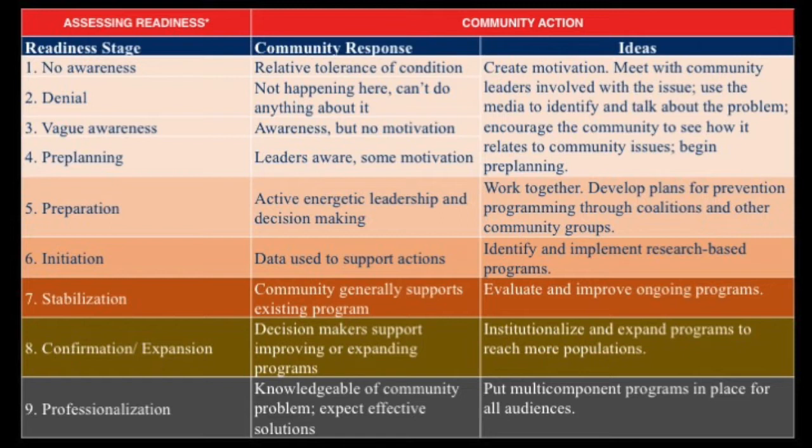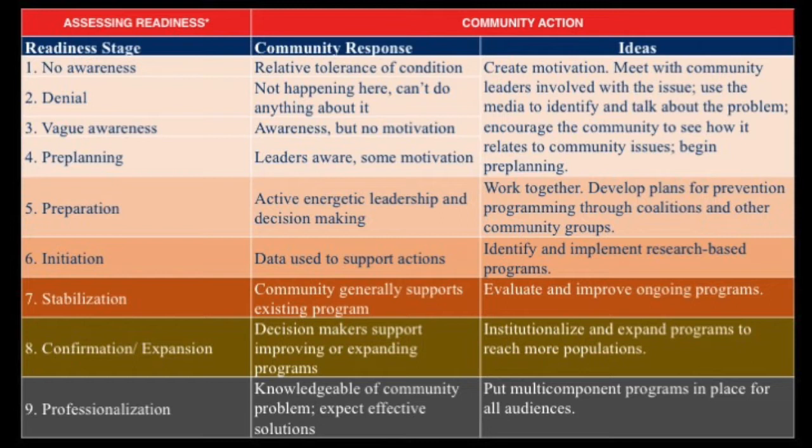Then stage 4 is pre-planning, where the leaders are aware and there's some motivation, but it's not really there. If the community is in no awareness, in denial, in vague awareness, or in pre-planning, you can't really implement the program at that stage. The community is not aware yet. You first need to mobilize it.